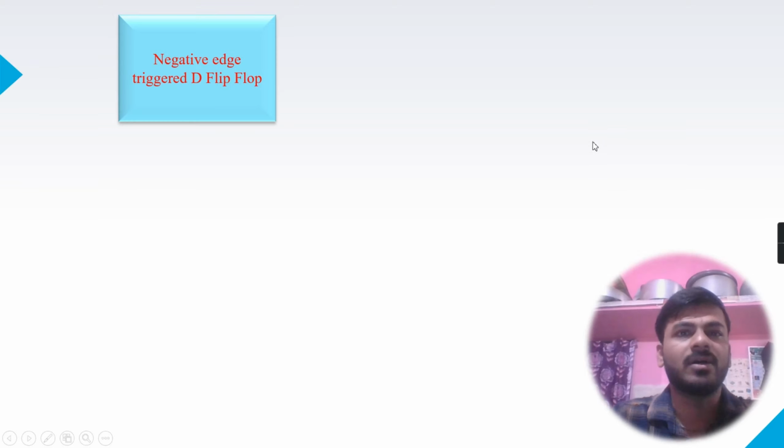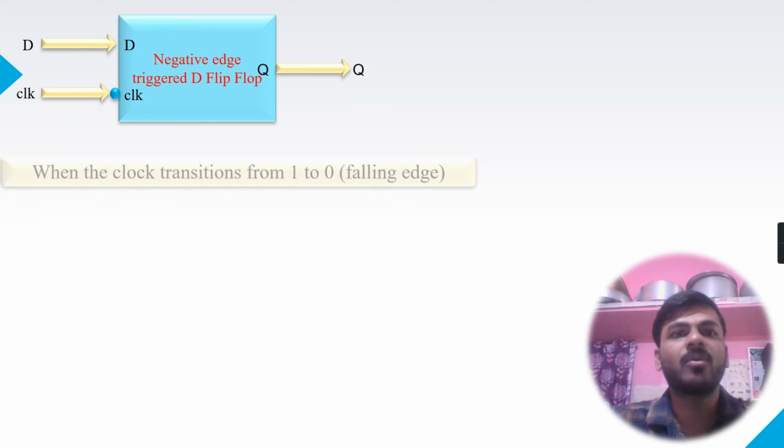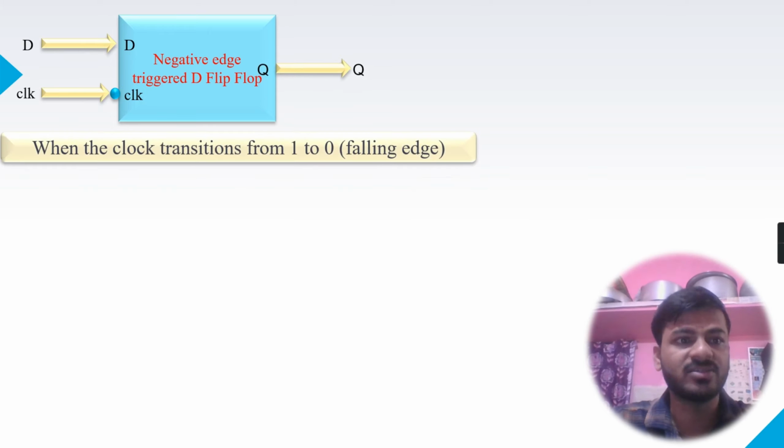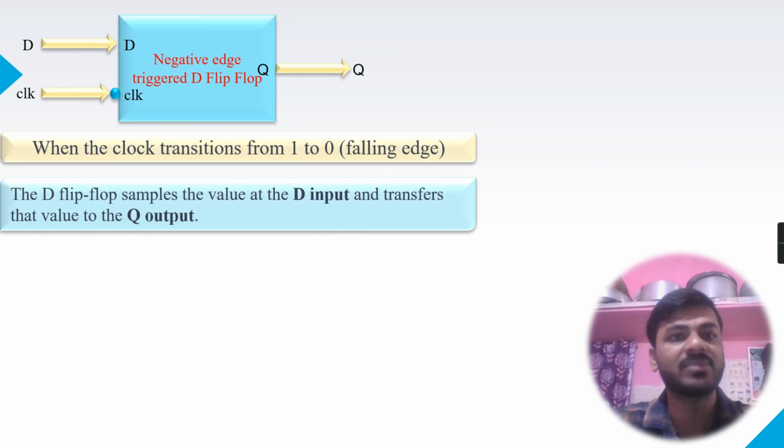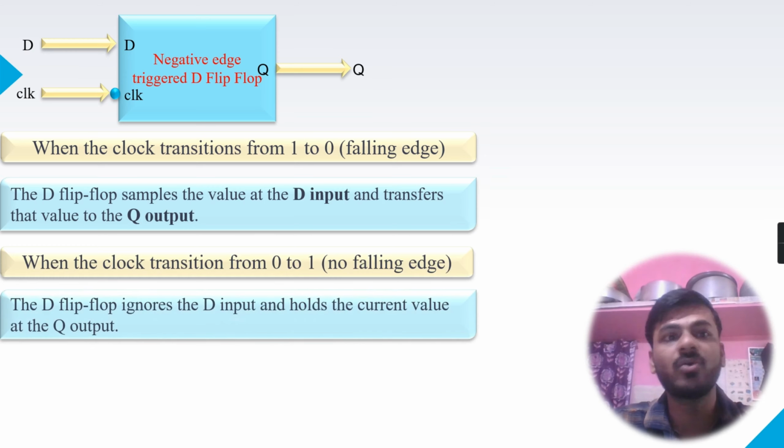Okay, now if I talk about negative edge triggered D flip-flop, it also has two inputs, D and clock, and output Q. If we talk about functionality, if there is a negative edge, then only the D flip-flop samples the value at the D input and transfers that value to the output Q. And if there is no negative edge, that means if there is a positive edge, then it will ignore the input value D and it will hold the current value of Q out.